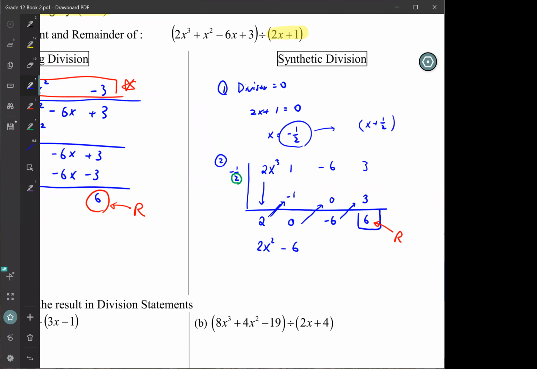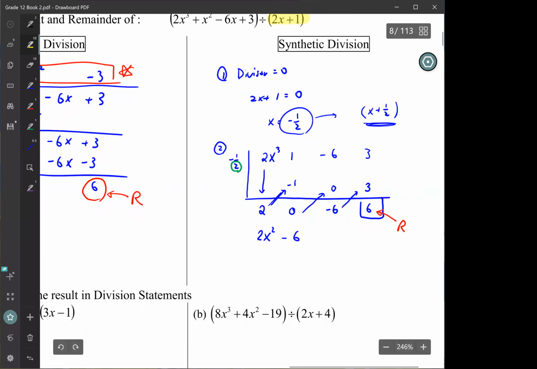Based on what we did last class, if you isolate the x, you also get negative half. So when you use negative half on the outside, you are actually using x plus half as a divisor. Compare this divisor with the real divisor that we want to use.